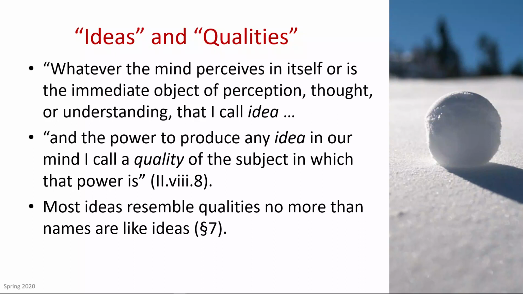After all, as he's going to go on to argue, starting in section 9, most ideas resemble qualities no more than names are like ideas, as Locke said in the passage I just read.